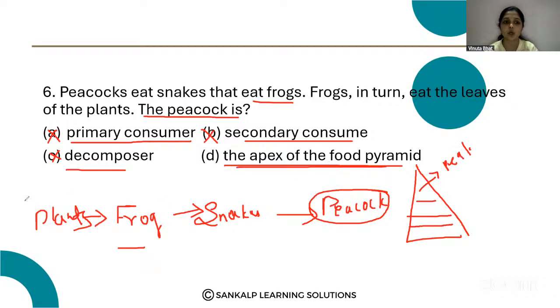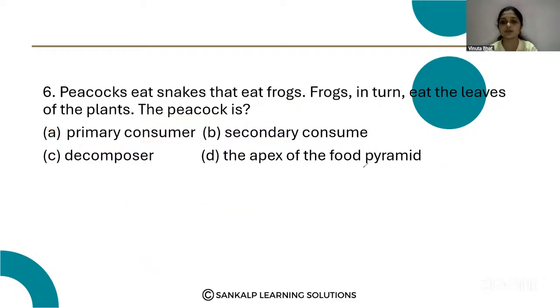So here option D is the correct answer, the apex of the food pyramid. Okay, let's move to question number 7.